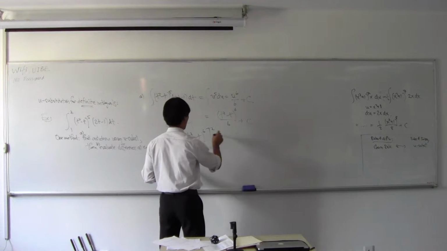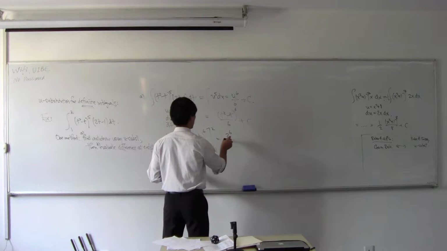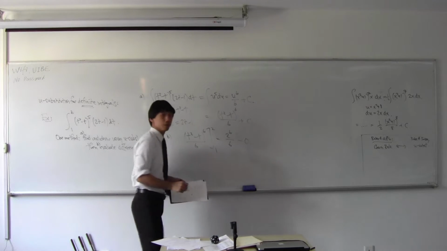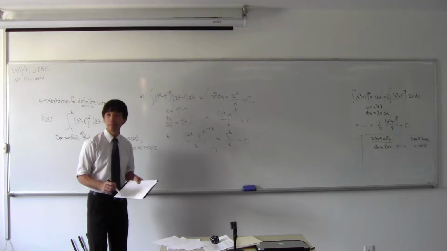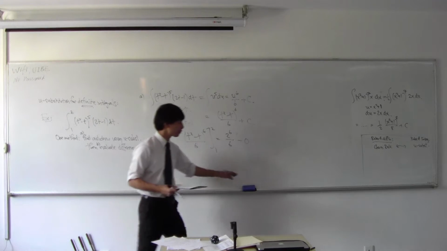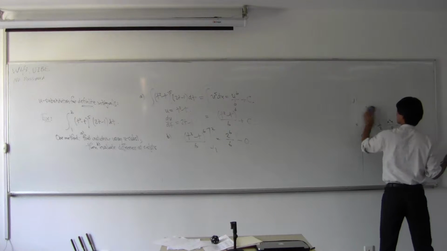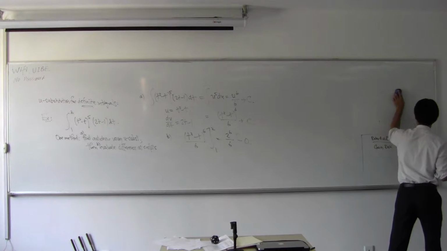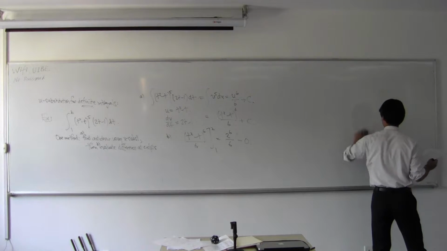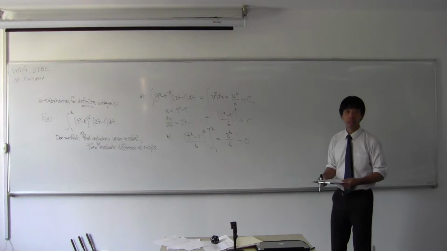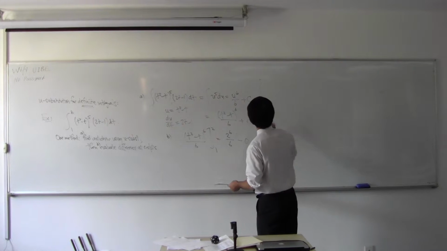I get 2 to the 6th over 6 minus 0, so 2 to the 6th over 6. Okay, so that's one method.